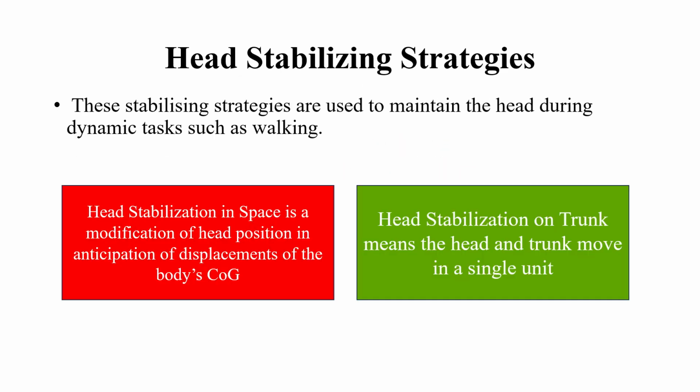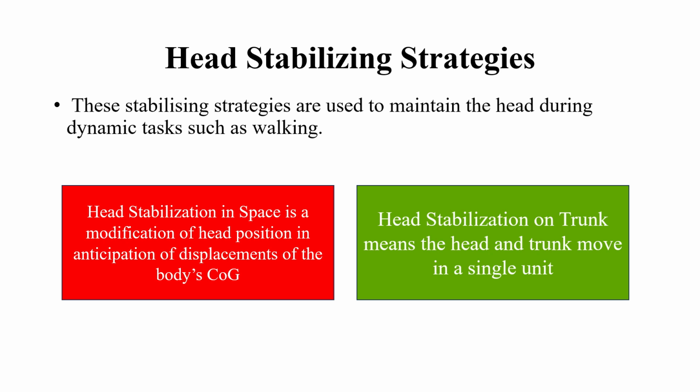The previously discussed fixed strategies and change in support strategies are more of reactive strategies, in the sense they come after an occurrence of change in the equilibrium of the body. Whereas head stabilizing strategies are more of proactive strategies which occur before there is any change that is subjected to the body. It's an anticipatory response.